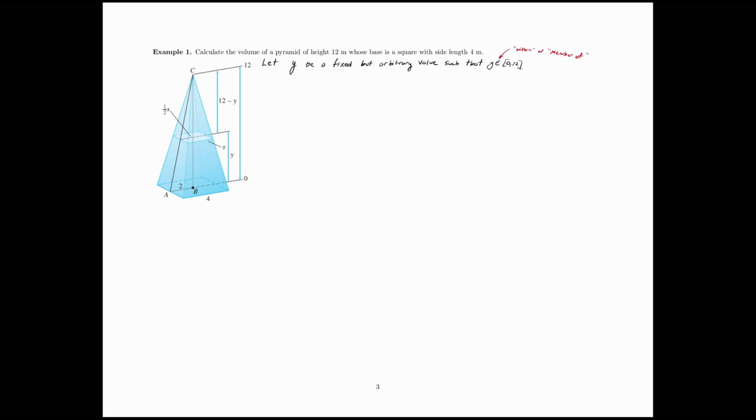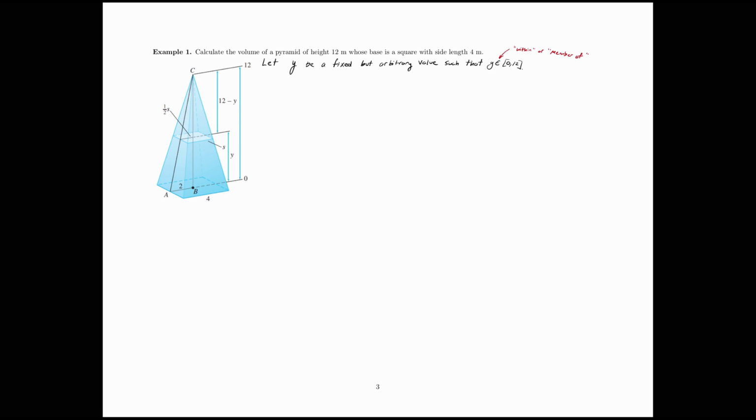So it could be 0, it could be 12, or any number in between 0 and 12. Okay? So with that, what we want to do is somehow figure out what the area of this cross-sectional square is ultimately as a function of y.